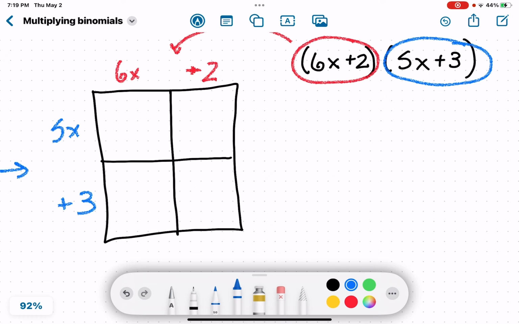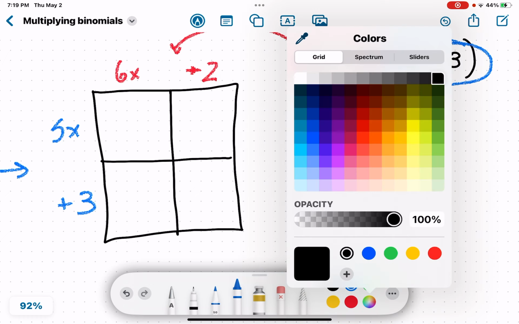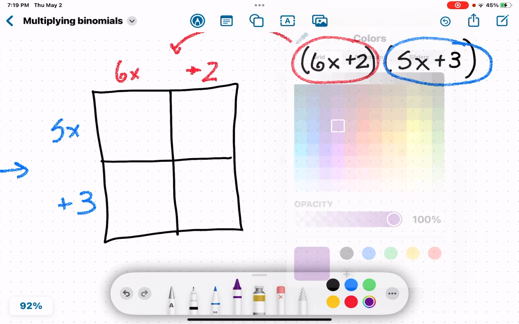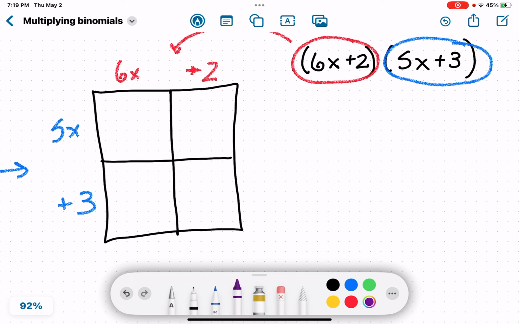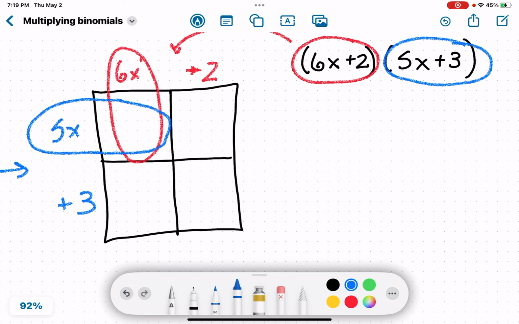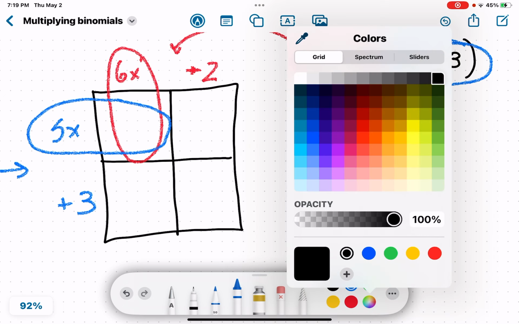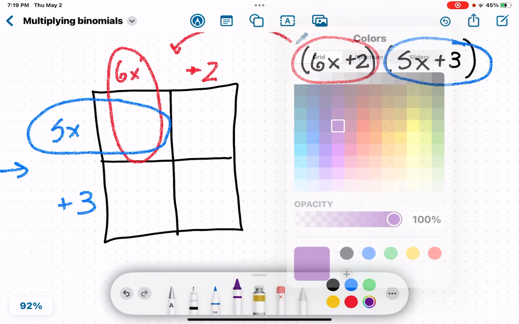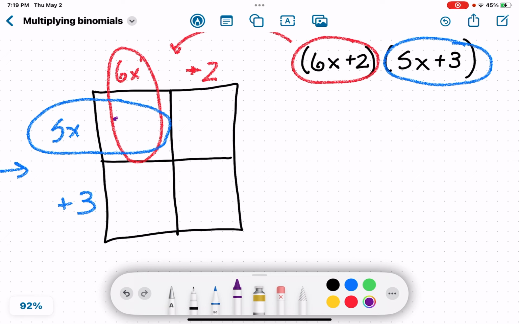Now, all we have to do is multiply. And what color do red and blue make? Purple. So that's the color I'm going to use to fill in the square now. So basically what we're doing is we're taking 6x over here, 5x over here, and we're multiplying them together, and we're creating a number.